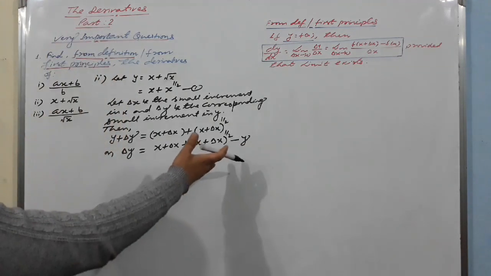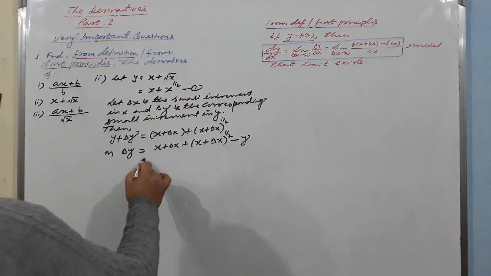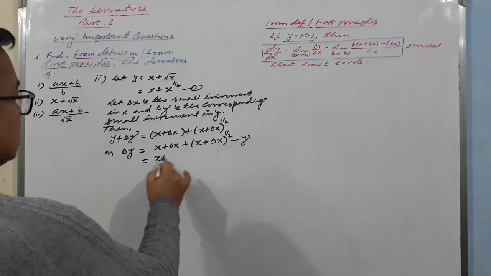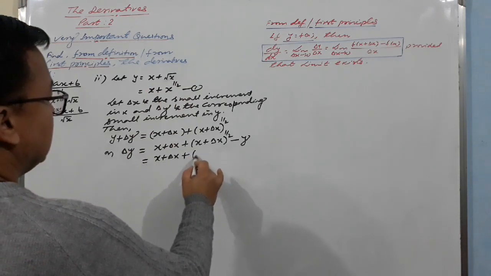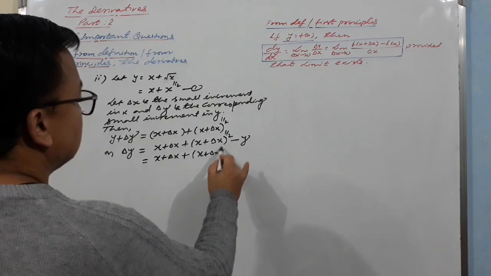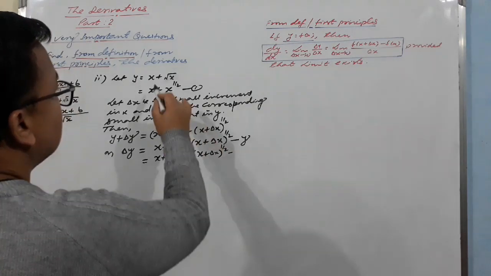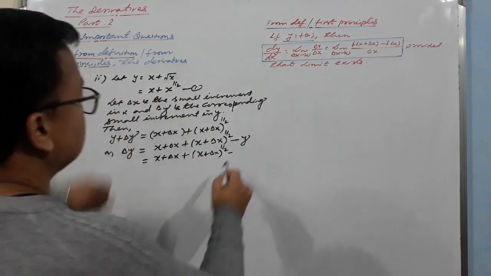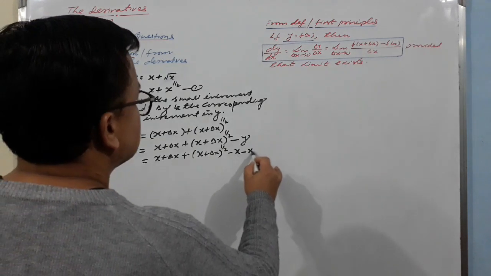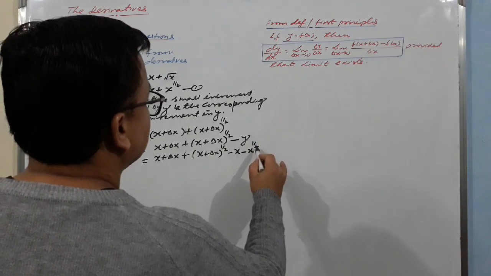Now let's put the value of y from the first. Here you can write x plus delta x, same line, and within bracket (x plus delta x) whole raised to power 1 by 2 minus y. So using this one, minus y minus x raised to power 1 by 2.